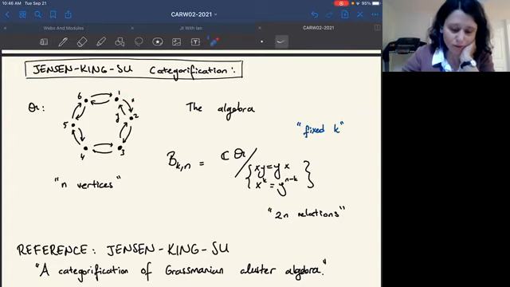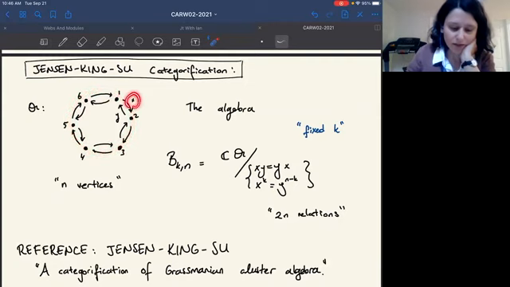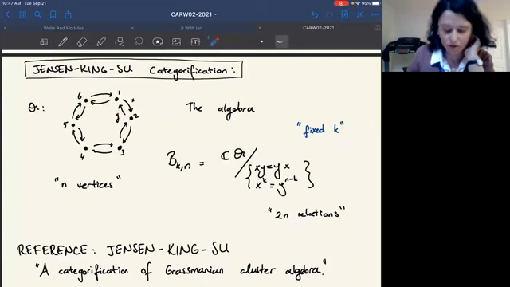I have one arrow going this way and then this way. Usually the arrows outside are labeled x1, x2, x3, and the arrows inside are y1, y2, y3, and so on.